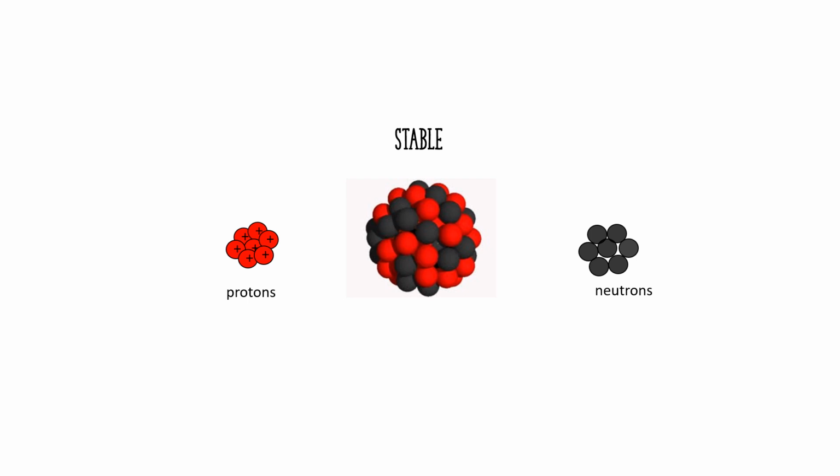So if the number of neutrons is too many or too few compared to the number of protons, the equilibrium in the nucleus gets out of balance, and then the nucleus becomes unstable, which causes it to decay.